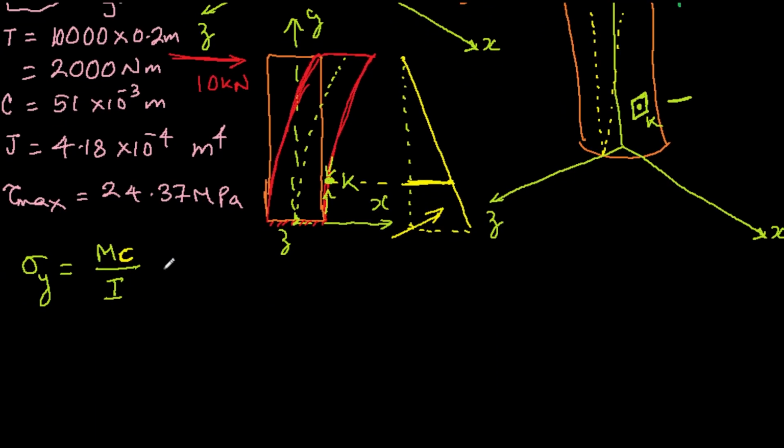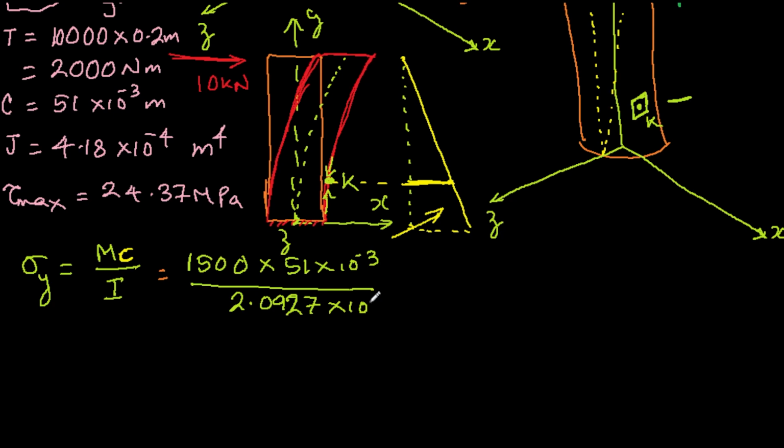Now you will have 1500 times 51 times 10 raised to minus 3, over the moment of inertia, which happens to be 2.0927 times 10 raised to minus 6.